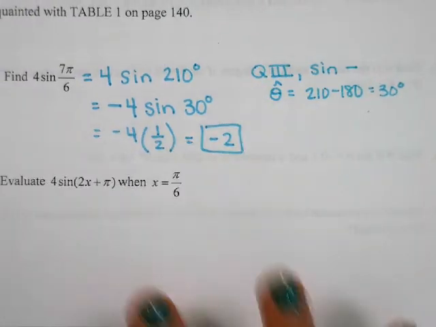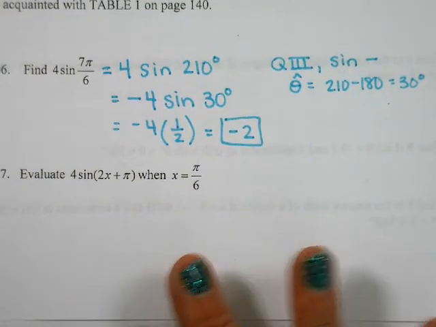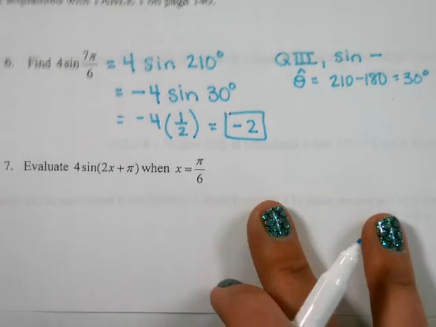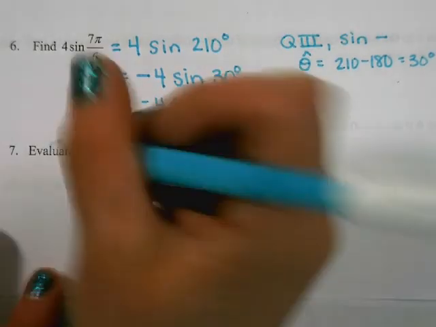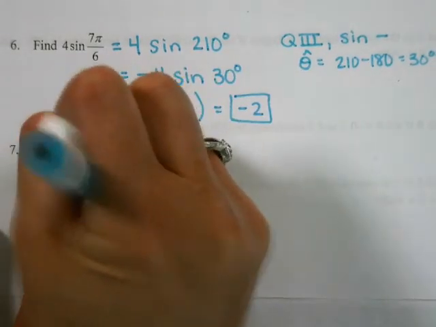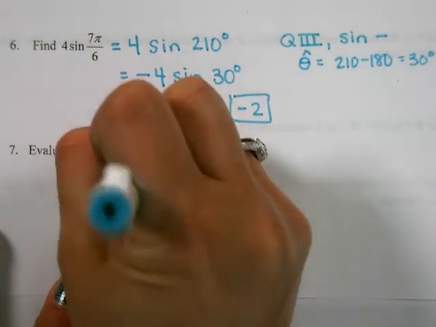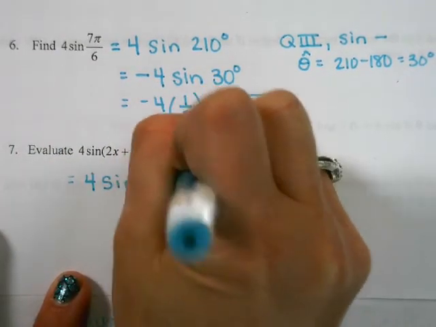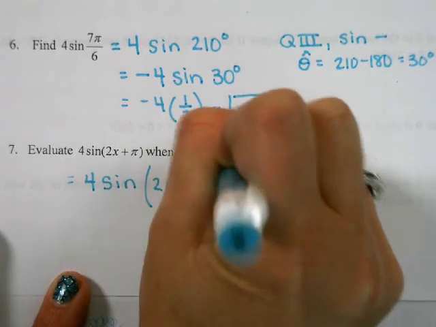Okay, number 7 here. Evaluate 4 times the sine of 2x plus pi when x equals pi over 6. Here we go. 4 times the sine of 2 times pi over 6 plus pi.